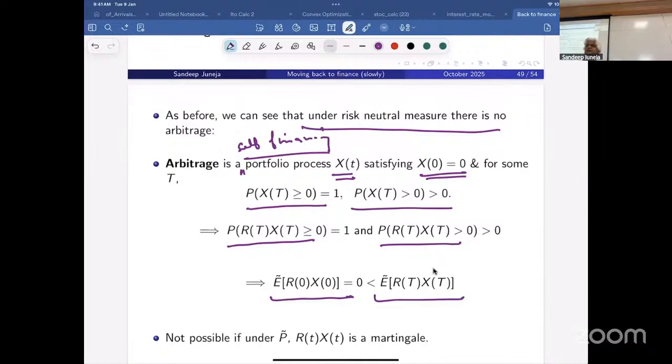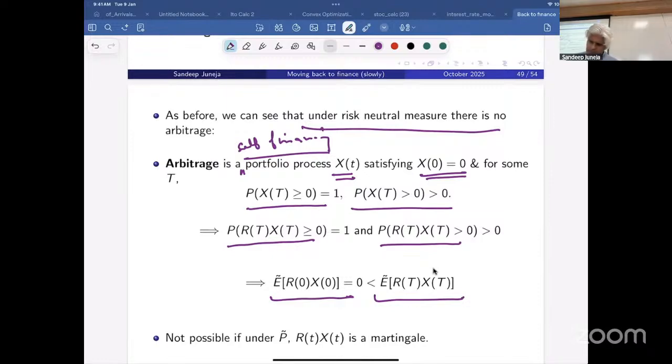What you're saying is that by the word self-financing, you're not adding or subtracting any money from your side. That's right. It could be 1 also; it doesn't have to be 0. So we are saying the same thing: if I combine these and don't add or subtract any money, then it remains a martingale.